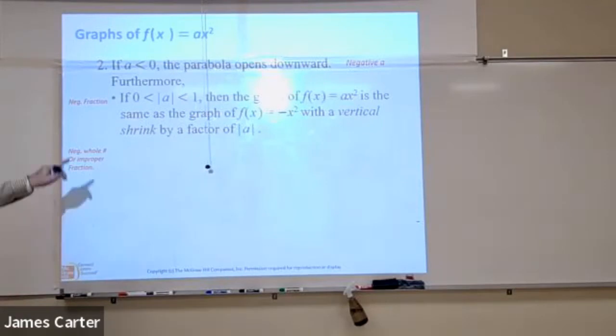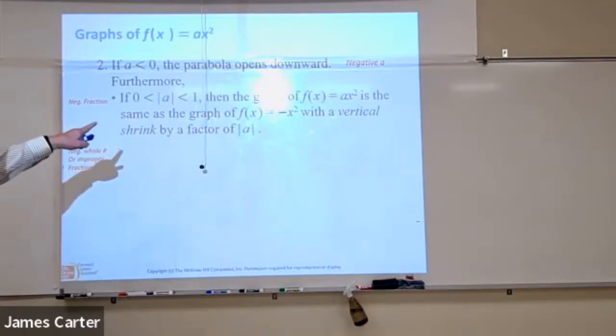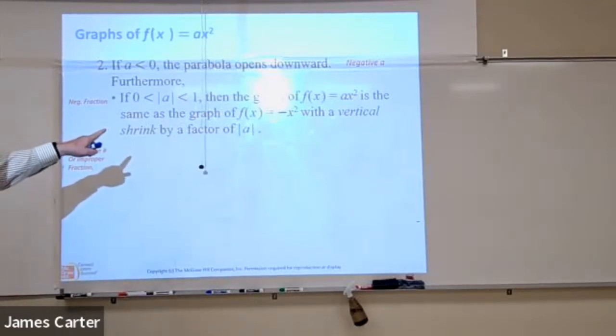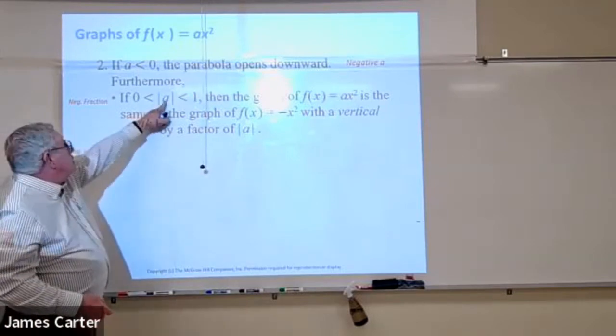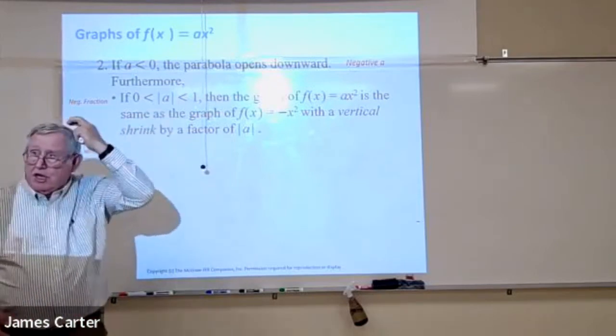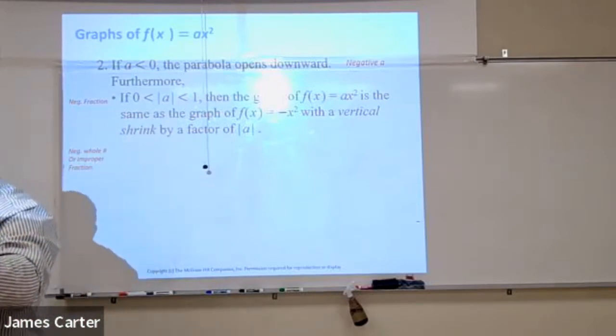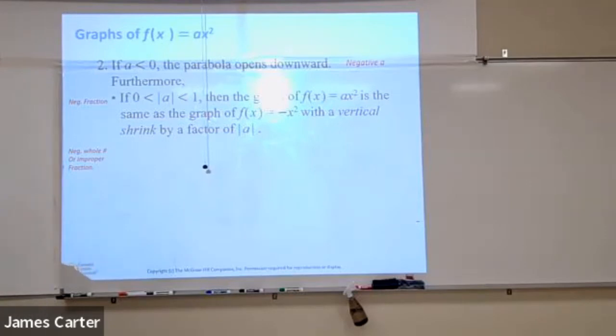Now, this is the notation for fraction again. Okay. Now, what this is saying then, and the reason they got these absolute values is they don't want to let the A be negative to cause it to flip this way.